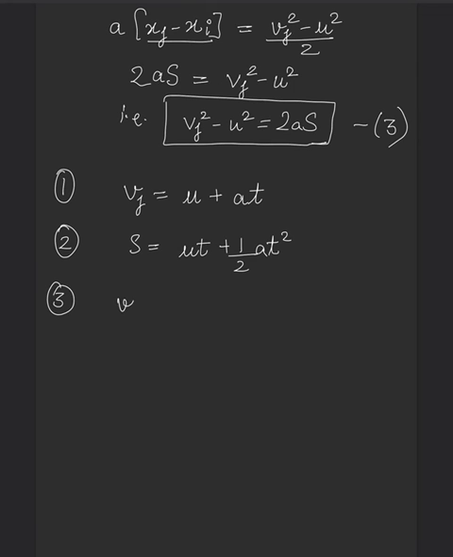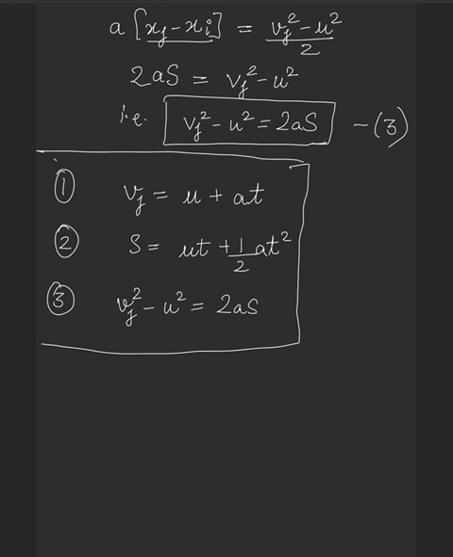The third one is v square minus u square is equal to 2as. You have to learn these equations. These are the 3 backbones of our kinematics, uniform motion basically. We will use this in the following numericals.